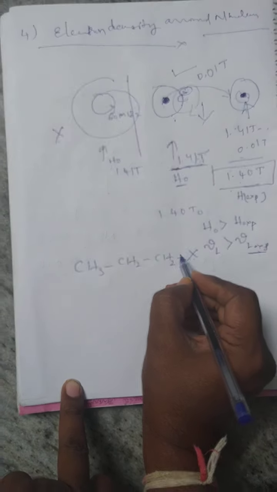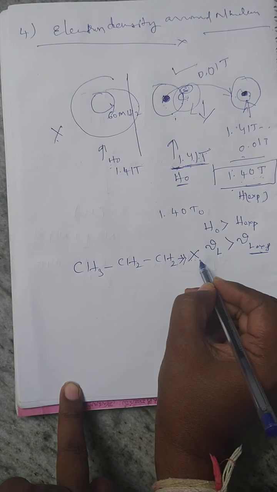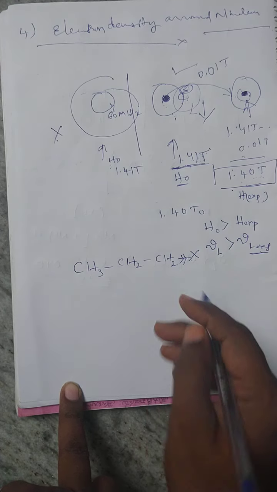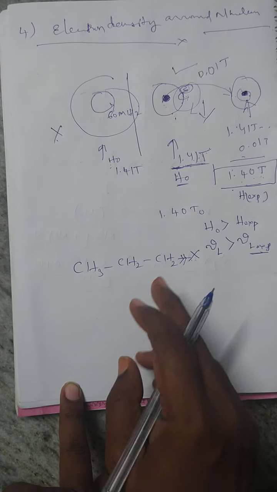Generally chlorine or bromine. So these are highly electronegative when compared to carbon and hydrogen, right?